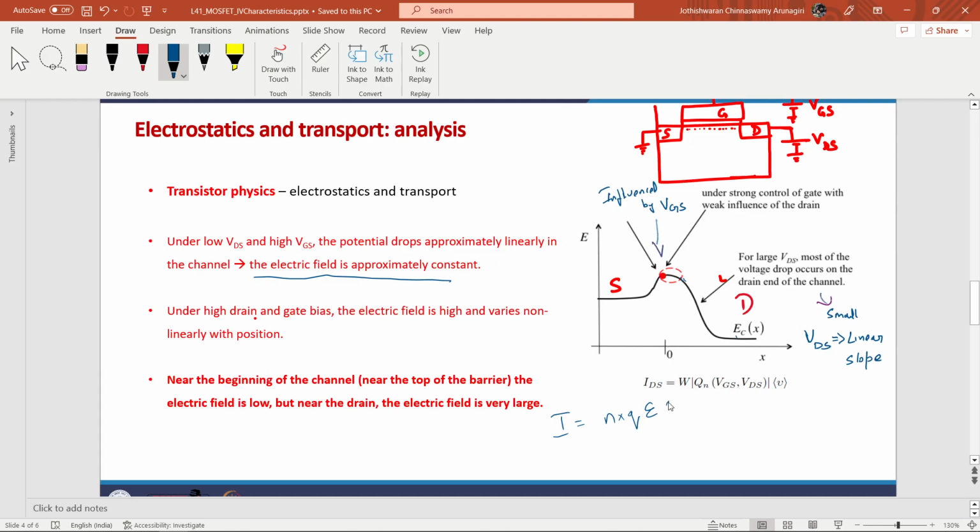Is this correct? Tau upon M, where this tau is the relaxation time, and N is the charge carrier concentration.